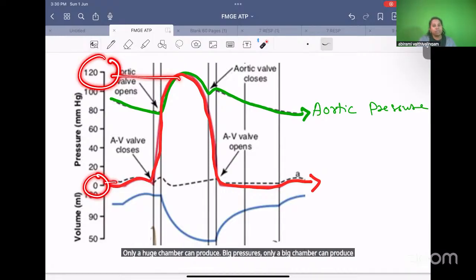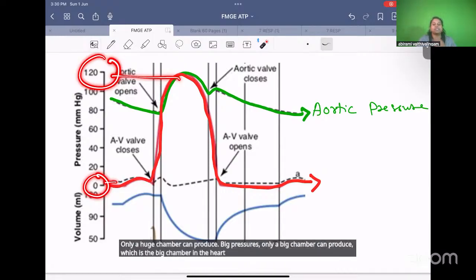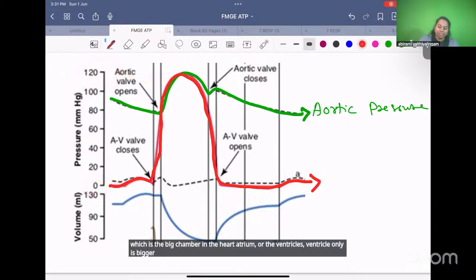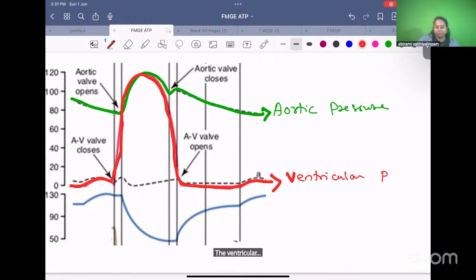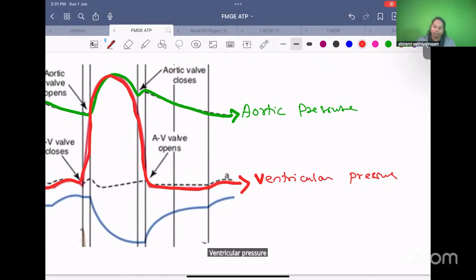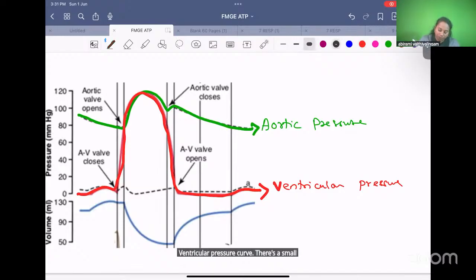Which is the big chamber in the heart, atrium or ventricles? Ventricle is bigger. So this big one belongs to the ventricle. This is called the ventricular pressure curve. There's a small curve. We'll trace that in black.